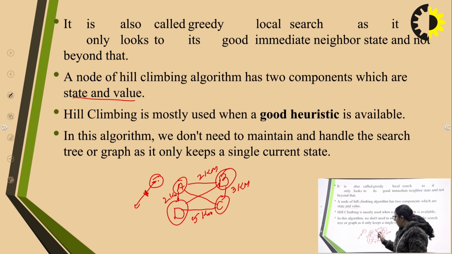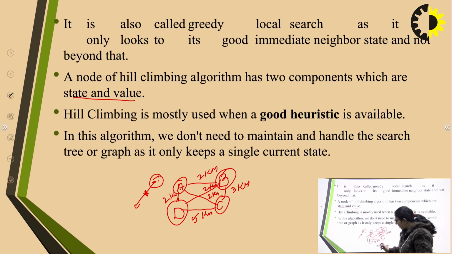If the salesman travels from A to B with a 2 kilometer distance, now he has to reach D. Starting from B, it takes 2 kilometers to reach D, and 2 kilometers from A to C. Then how can we find which value is the better value, which is the solution for this TSP problem?